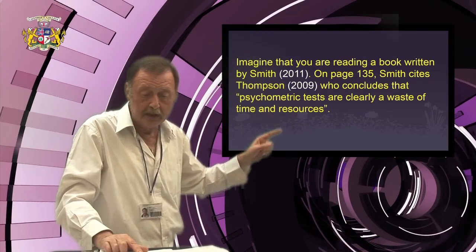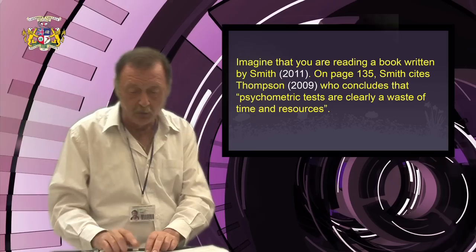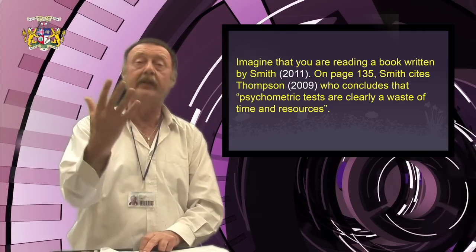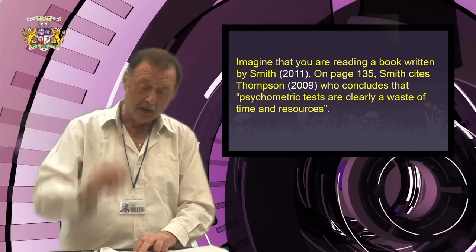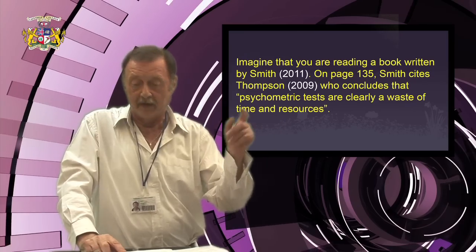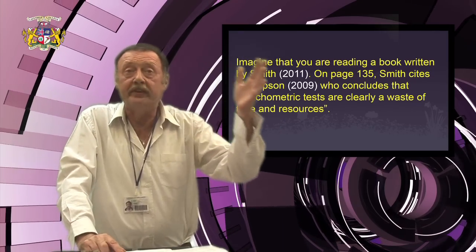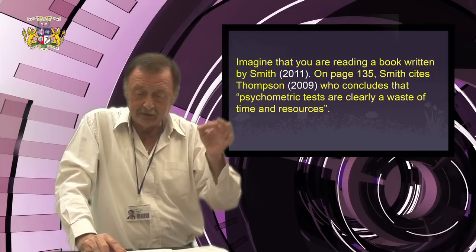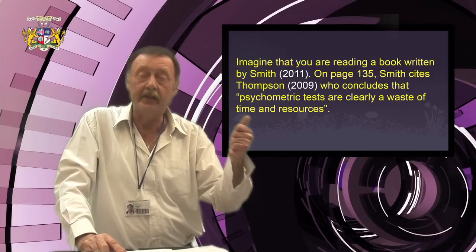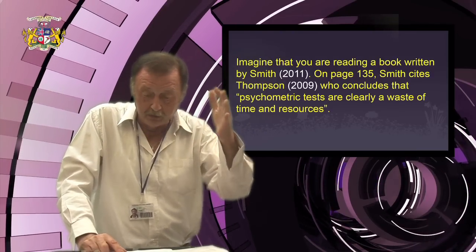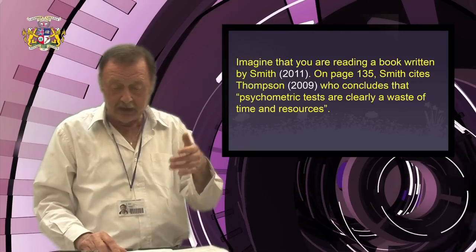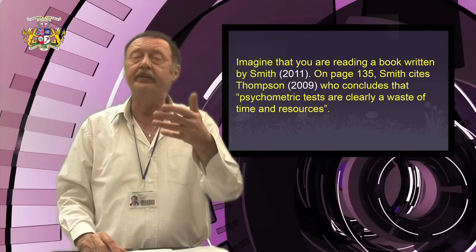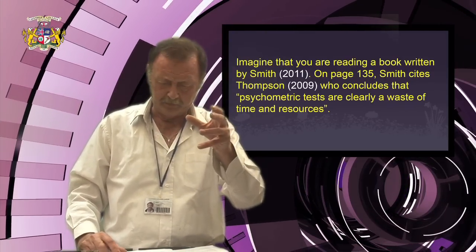Very important. Let's imagine you're reading a book written by Smith, published 2011. On page 135, Mr. or Miss Smith cites Thompson, 2009, who concludes, Thompson, not Smith, that psychometric tests are clearly a waste of time and resources, and you want to use that.